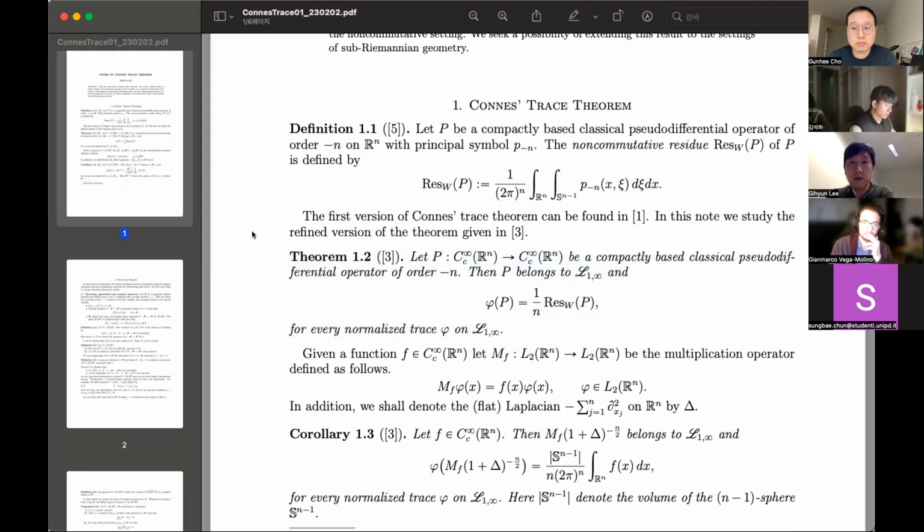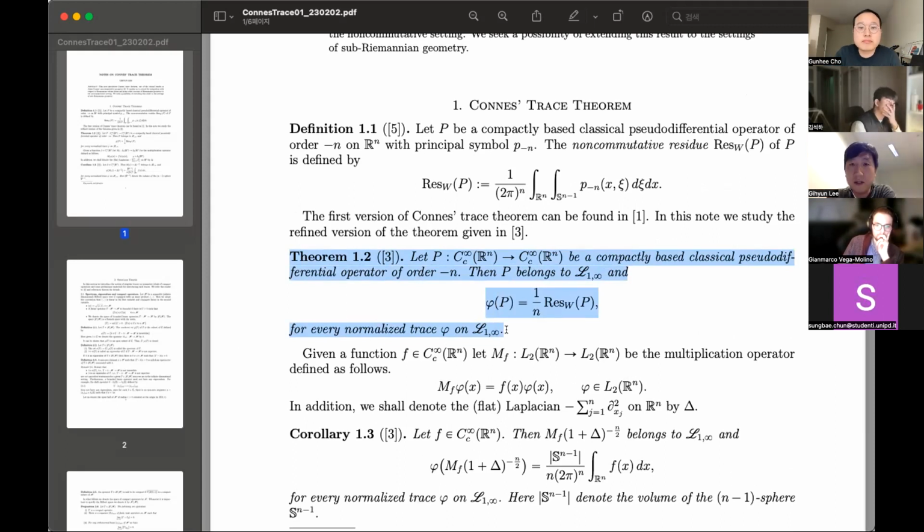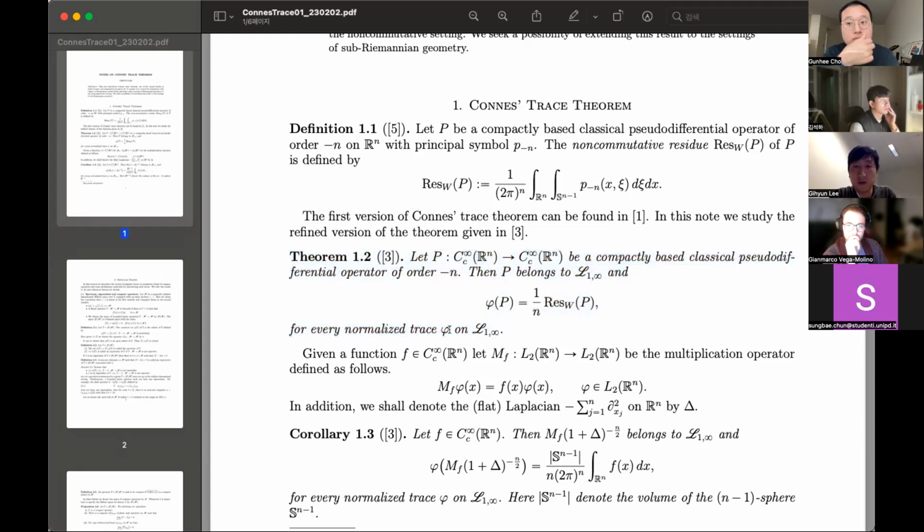I think there are many notions which are not familiar to you, so I cannot explain all of them at once today, but I will explain the notions used in this theorem, each of them, over my presentations. My goal today is to explain the meaning of this space used in this theorem.